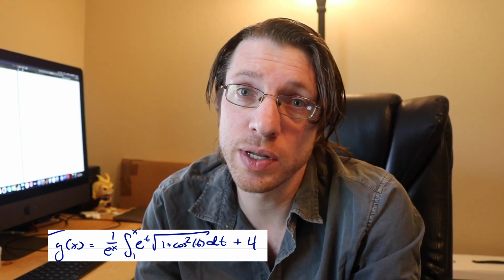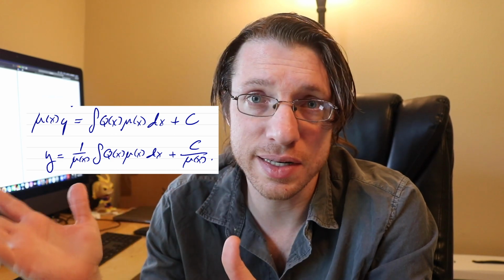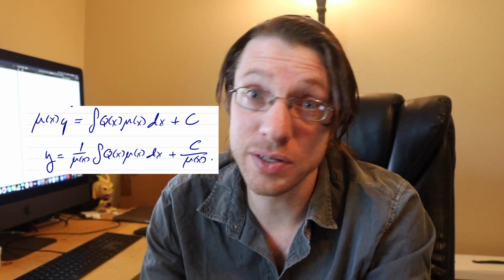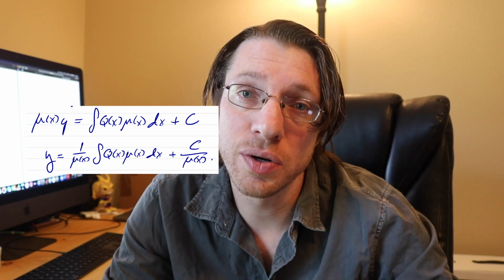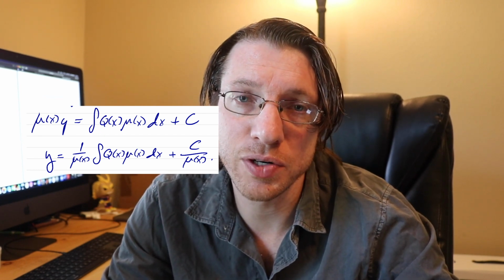Here we end up with a whole bunch of explicit solutions: the integrating factor times y is equal to the integral of q of x times the integrating factor plus some constant, and then you divide by the integrating factor, and you've solved for y. That makes these a really nice sort of differential equation.